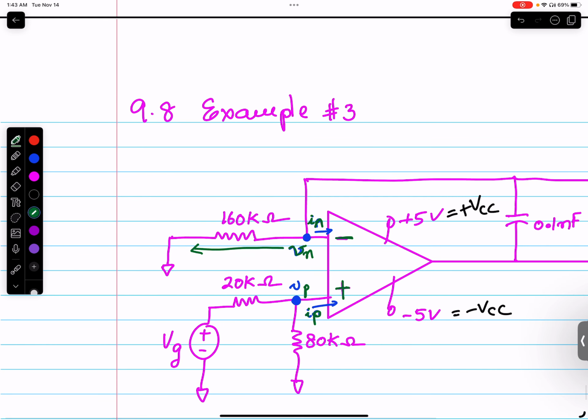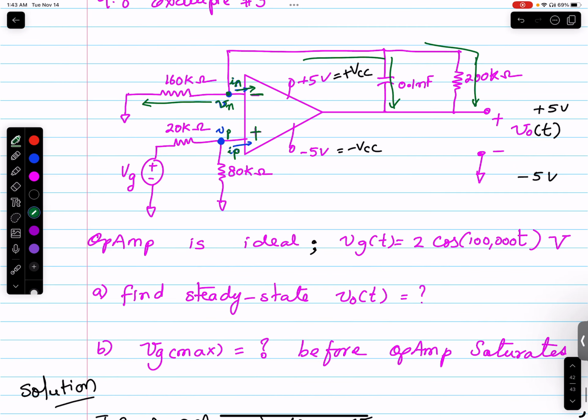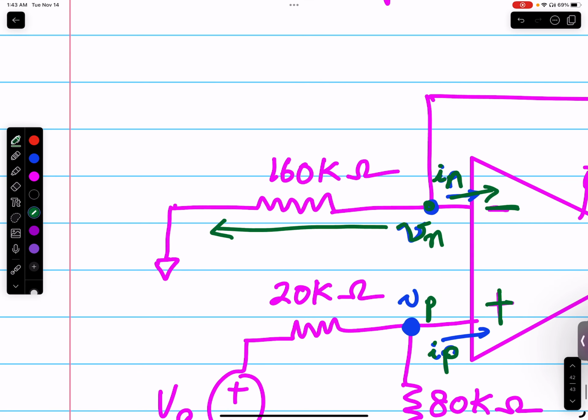There is a current Vn minus 0 by 160 leaving to the left. There is a current Vn minus V0 by Zc. There is one current there, there is another current over here. So there is one, two, and three currents, and of course the fourth current is zero. Let's write that here. Vn minus 0 by 160 kilo ohms is the current flowing in this direction.